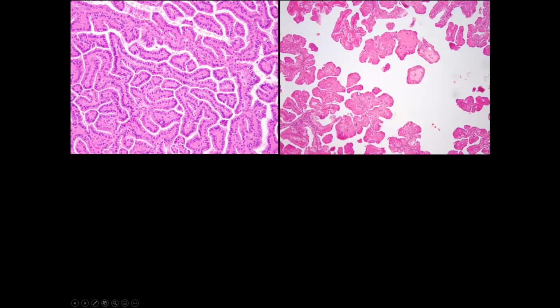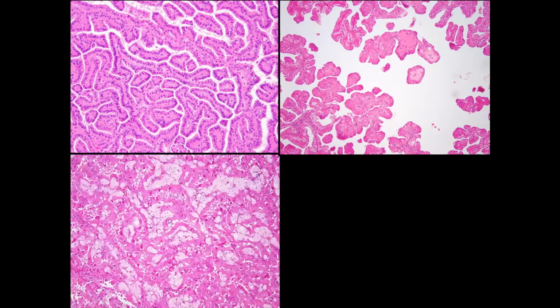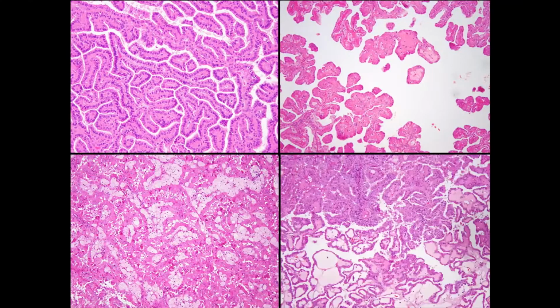On the other hand, this case, even though it has a single layer of low grade cells, has abundant eosinophilic cytoplasm, unlike the definition for type 1. And in this particular example, not only do you have abundant eosinophilic cytoplasm, you have high nuclear grade, even though they are just a single layer, and they also have macrophages in the core. So where do you actually put this tumor, if you go by the definition?